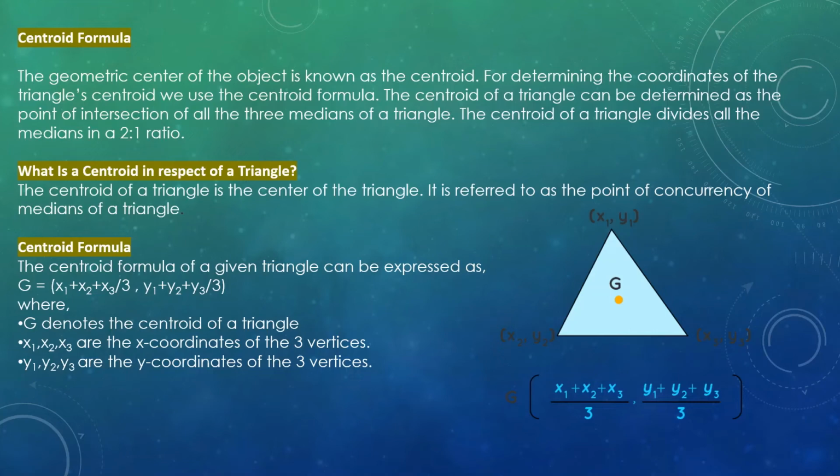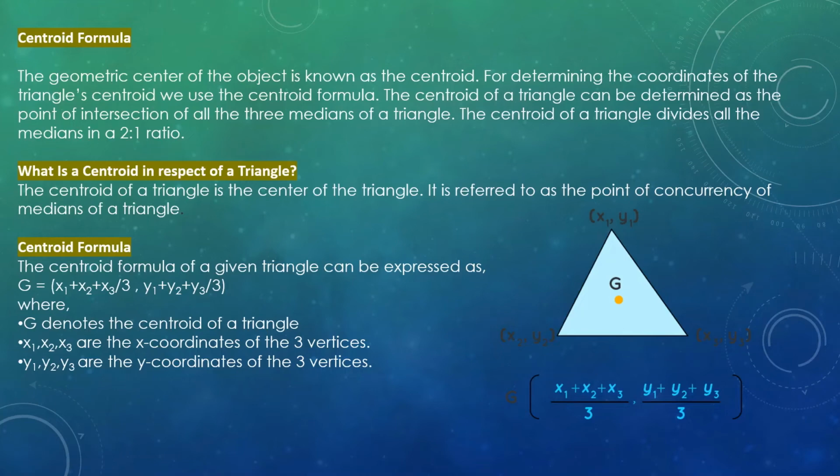What is a centroid in respect of a triangle? So the centroid of a triangle is the center of the triangle. It is referred to as the point of concurrency of medians of a triangle.